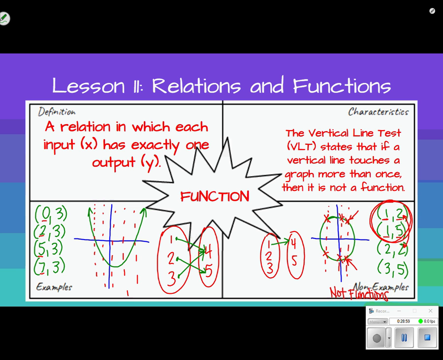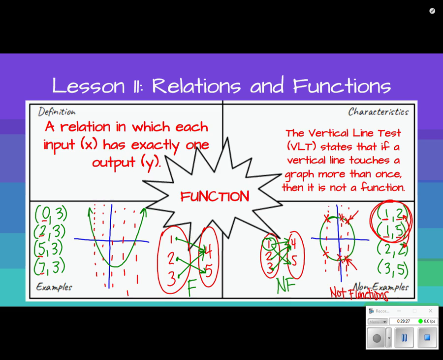Here, this has 2 arrows leaving it. Here's one, here's one. So as soon as I have 2 leaving it, it's not a function. Now, you can write not a function as an f with a slash through it, and you can write a function as f. I'm okay with that shortcut. But you are looking for repeating x's, and you're also using the vertical line test to help you determine, are we dealing with a function or not.